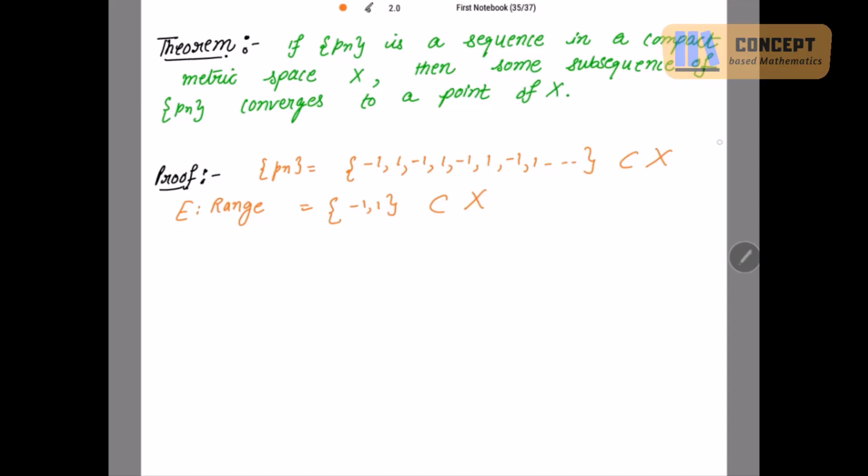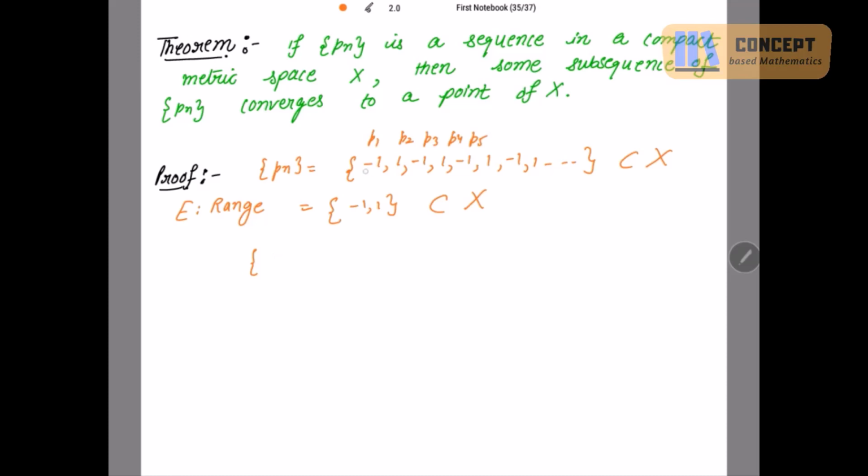Fine? Now, in this Pn sequence, you can have a subsequence. See, this Pn sequence can be converging to -1 or 1, right? So what will the subsequence be? Suppose this is P1, this is P2, this is P3, this is P4, P5, and so on.